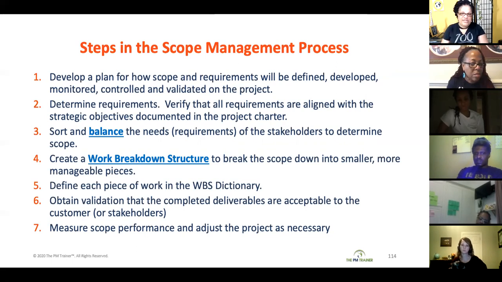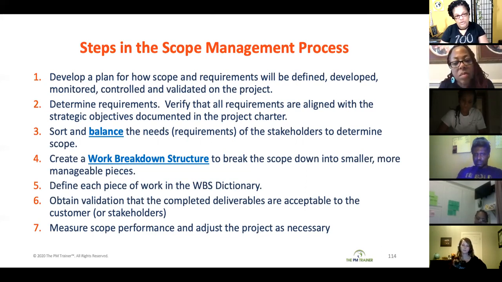I showed you an example of what that might look like. It might be who's assigned to it, when it's due, how much it's supposed to cost. And as you are refining that work package more and more throughout the other processes, you're constantly updating that WBS dictionary with that information.